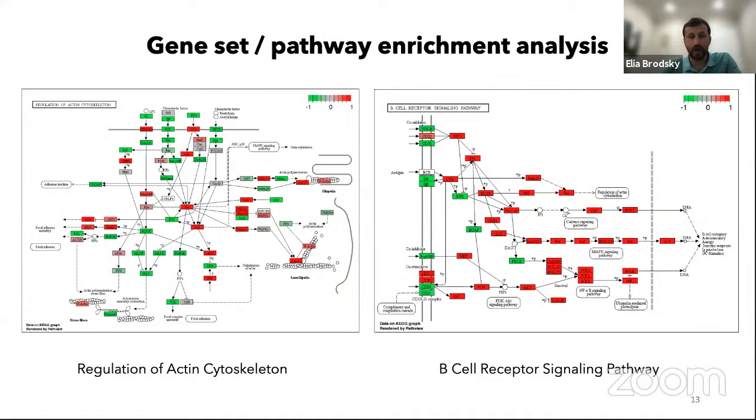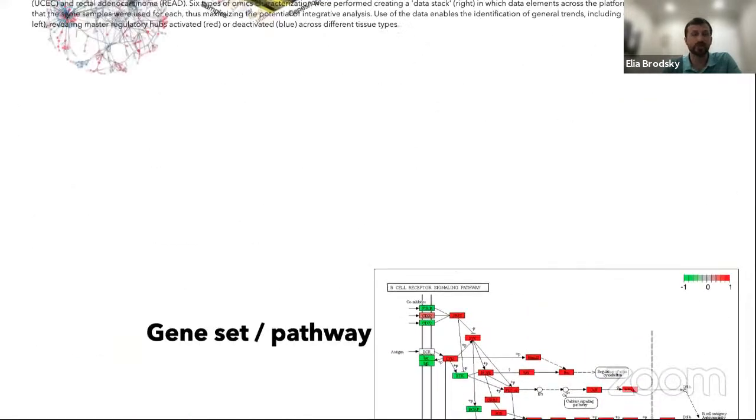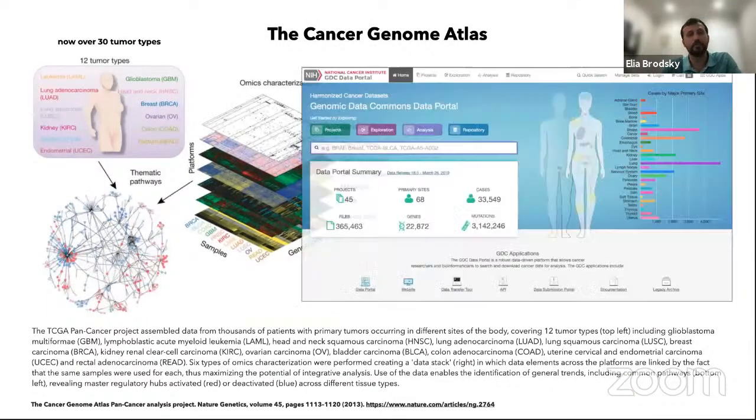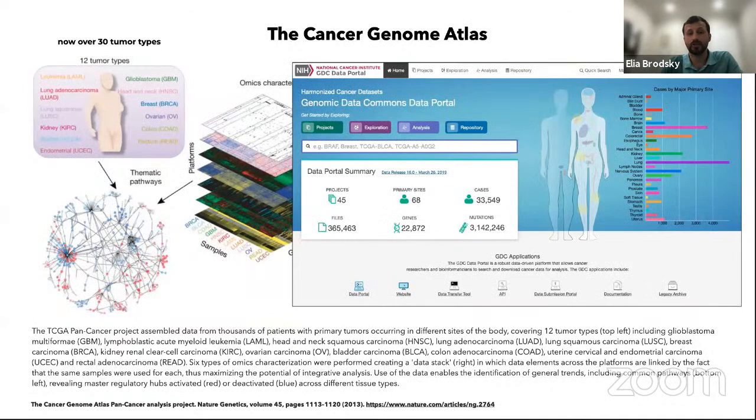And so one of the repositories that we will turn to is what's called the Cancer Genome Atlas, or TCGA. Now, TCGA is a very important repository of thousands of samples collected from patients that have many different types of cancer, coming from different tissue and body sites.